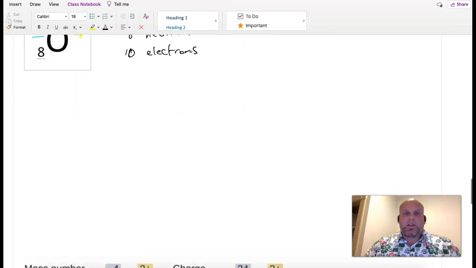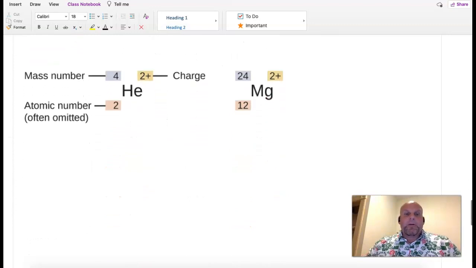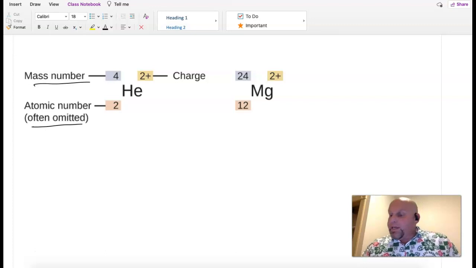Let's look at the symbol of a couple additional ions. Again, just to highlight what these numbers around the symbol of the element are telling me. The 4 in the upper left-hand corner is the mass number. The 2 in the lower left-hand corner is the atomic number. Now, you can see here it's often omitted. We want to get in the habit of always naming our elements or atoms or ions using a mass number, because you'll see in a second I could have different isotopes.